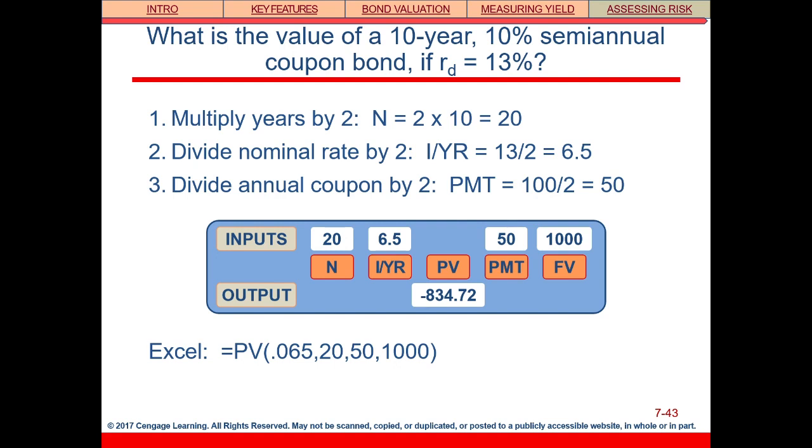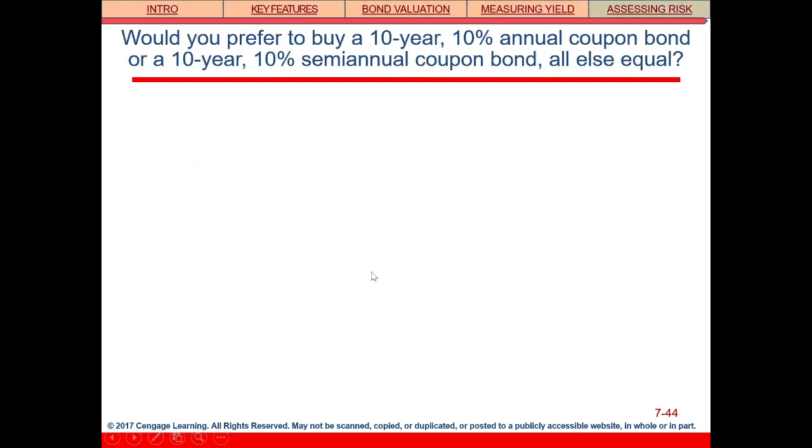After calculating the price of this semi-annual coupon bond, the next question is: if there are two bonds, and everything else is the same except that one is annual compounding while the other is semi-annual compounding, which one would you prefer? That's the question it asks here.